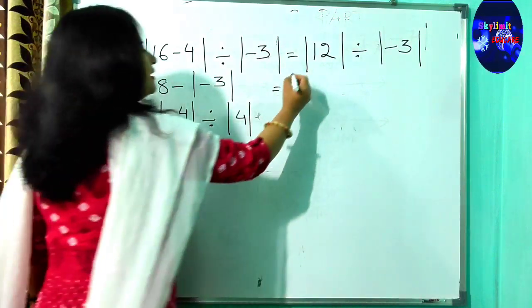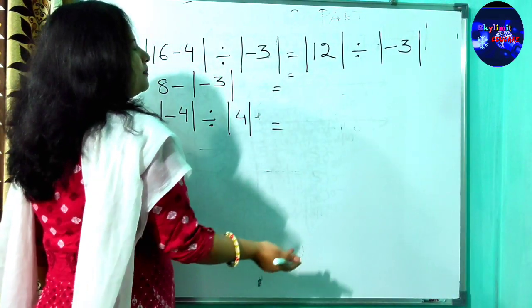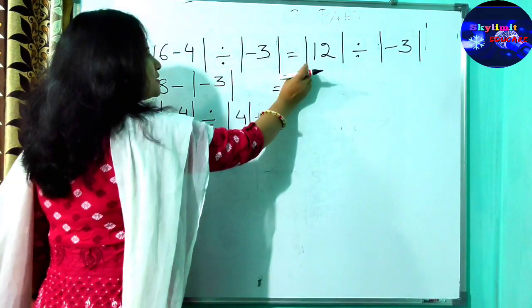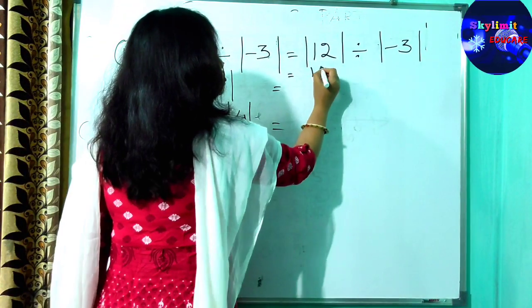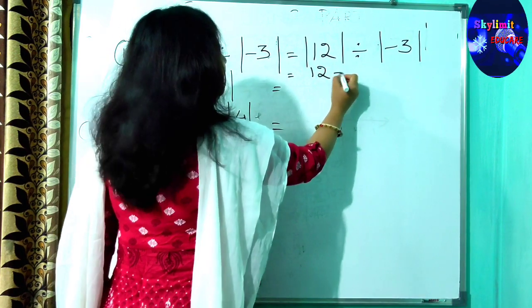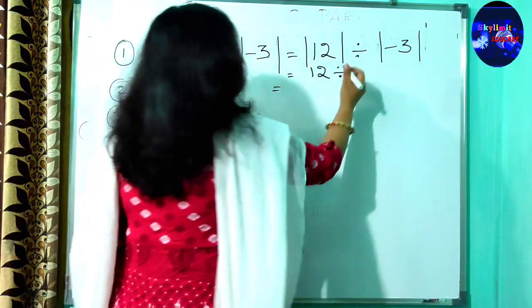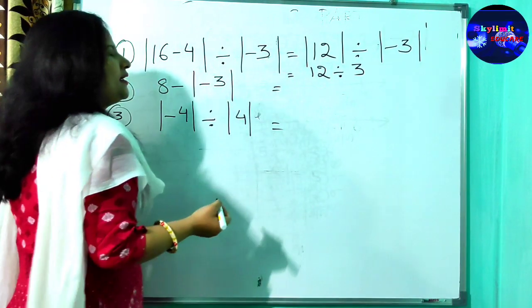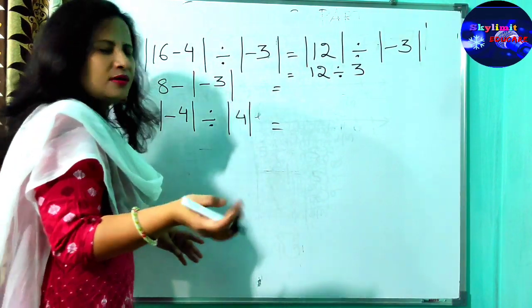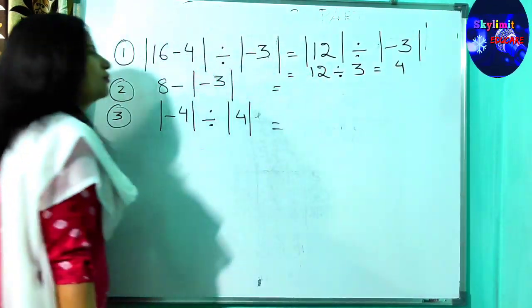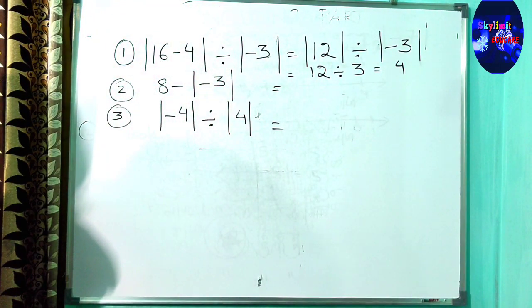Then one more step: absolute value of 12 is 12, and divided by absolute value of minus 3, which will also be positive, because it is a distance. 12 divided by 3, distance from 0. So now 12 divided by 3 will give us 4. So this is the answer, right?